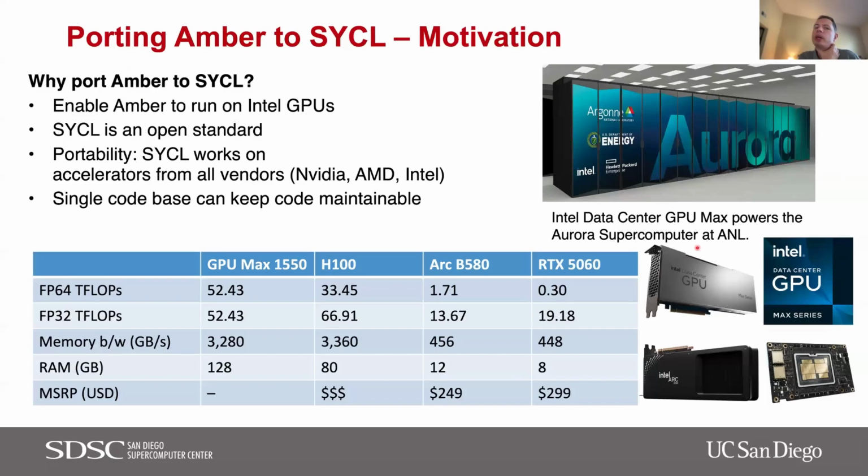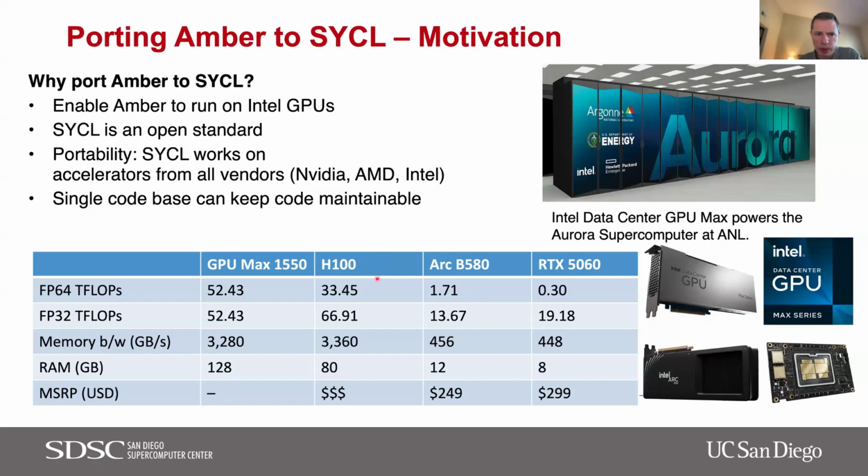And so the motivation actually to look at SYCL was basically to enable AMBER to run on Intel GPUs. And of course, SYCL is an open standard, which is nice. And like I talked about, in principle, there's portability across different vendors, although I've not investigated this for AMBER. We didn't have time yet for that.